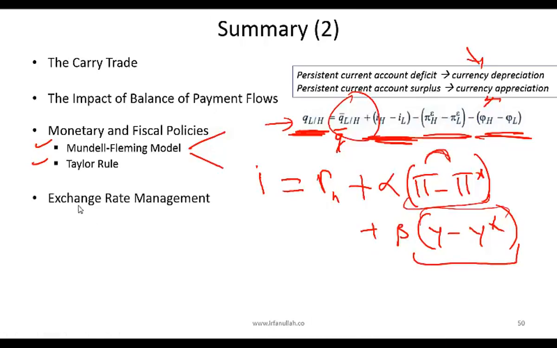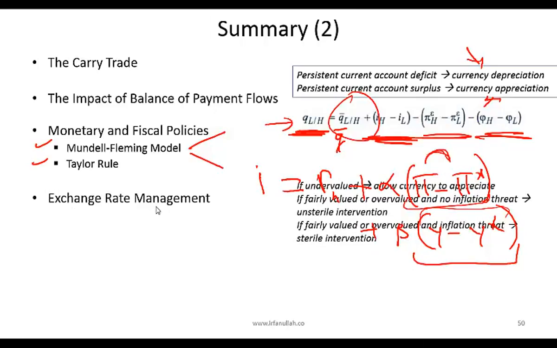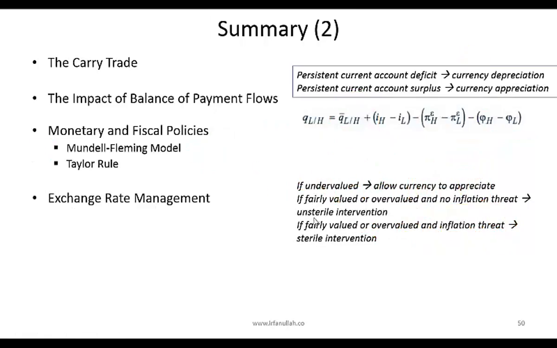The next point is related to exchange rate management. Here are the basic points, and this is based on IMF recommendations. If a currency is undervalued, then you should allow the currency to appreciate. If a currency is fairly valued or overvalued and there is no inflation threat, then you use what is called unsterile intervention.